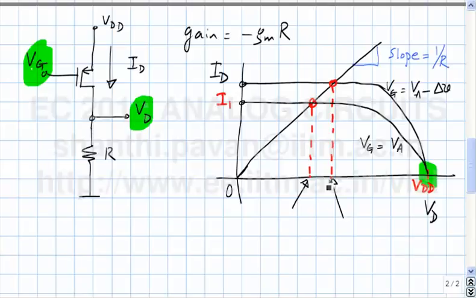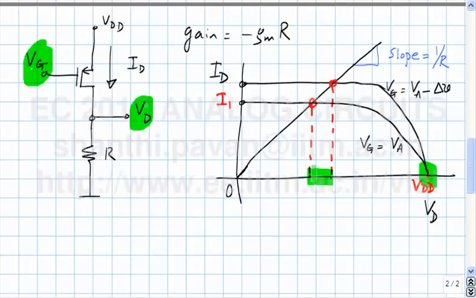Graphically, which line segment represents the change in output voltage? It is this fellow here. So it is this line segment which represents the change in the output potential due to a change in the gate voltage.